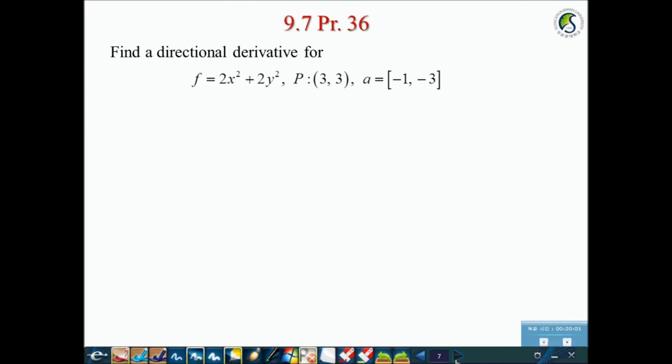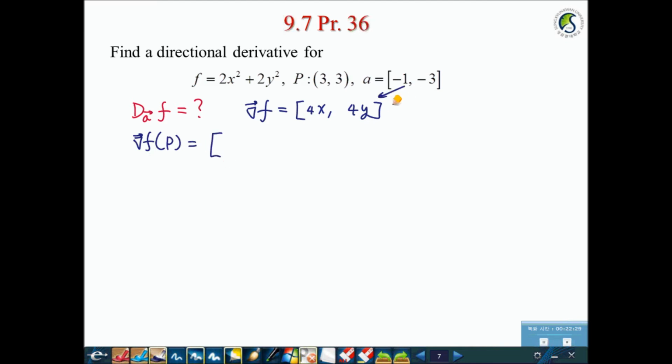Why don't you solve this? So you find D_A f. Gradient f is (4x, 4y), and gradient f of P, you plug that in, so you get 12.